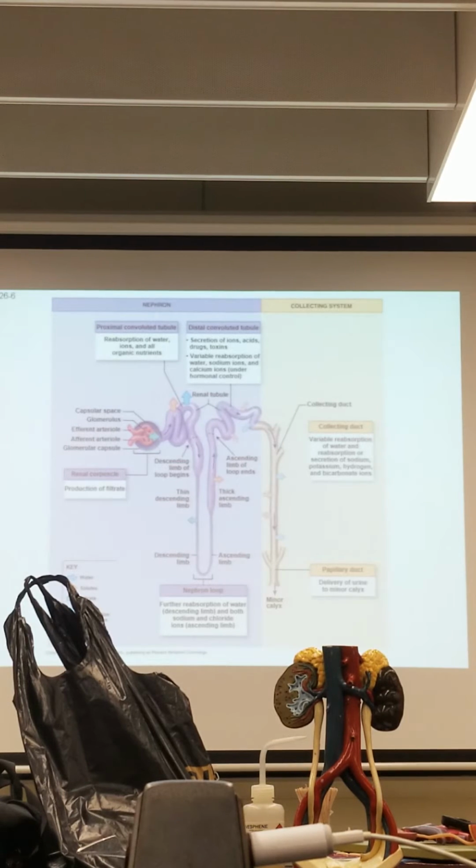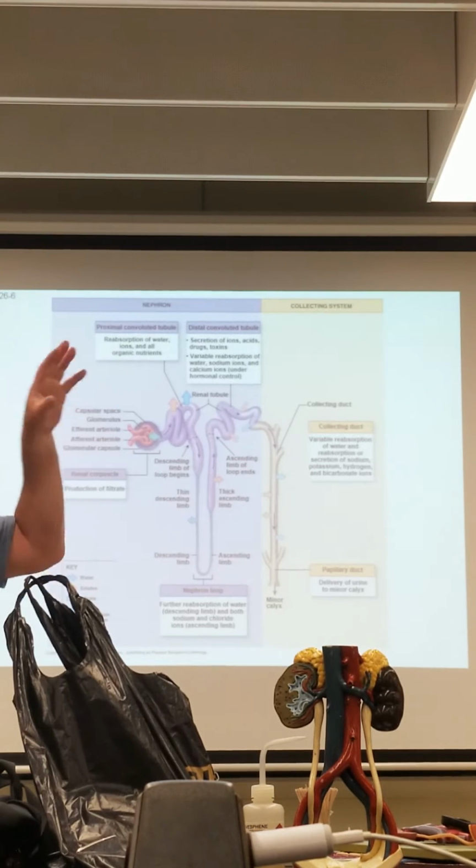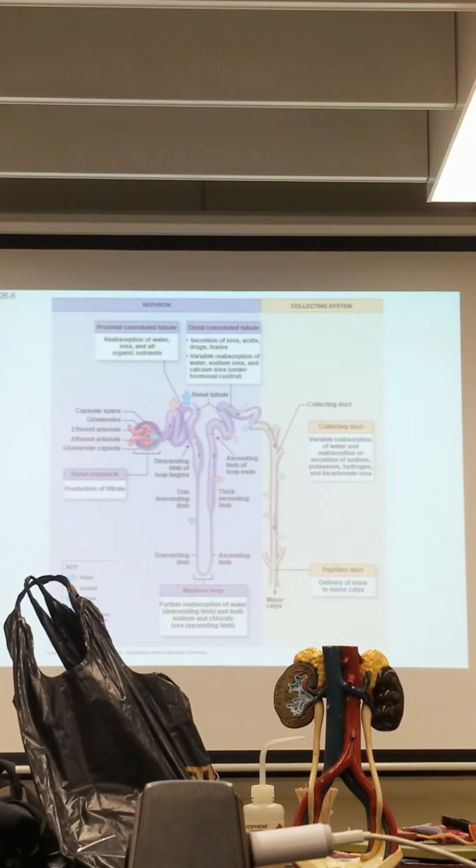Not that it's toxic to the kidney. This stuff shouldn't go through here. It's too big of a molecule. And you gotta remember, guys, just think of the screen on your bedroom window. Those grids are so small that bugs can't get through. But if your brother took a pen and popped one of them, he just did what? He made a bigger hole. So any bug that finds that hole can come through.